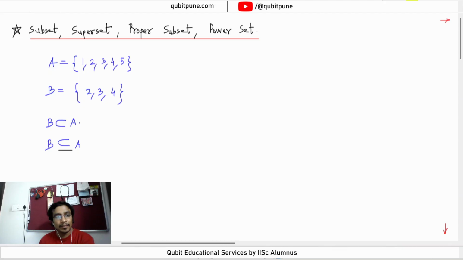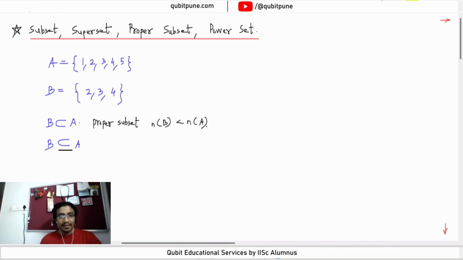For subset. No, this is a proper subset. See, a proper subset means the number of elements in B has to be less than the number of elements in A. When that is the case, then we call it a proper subset.